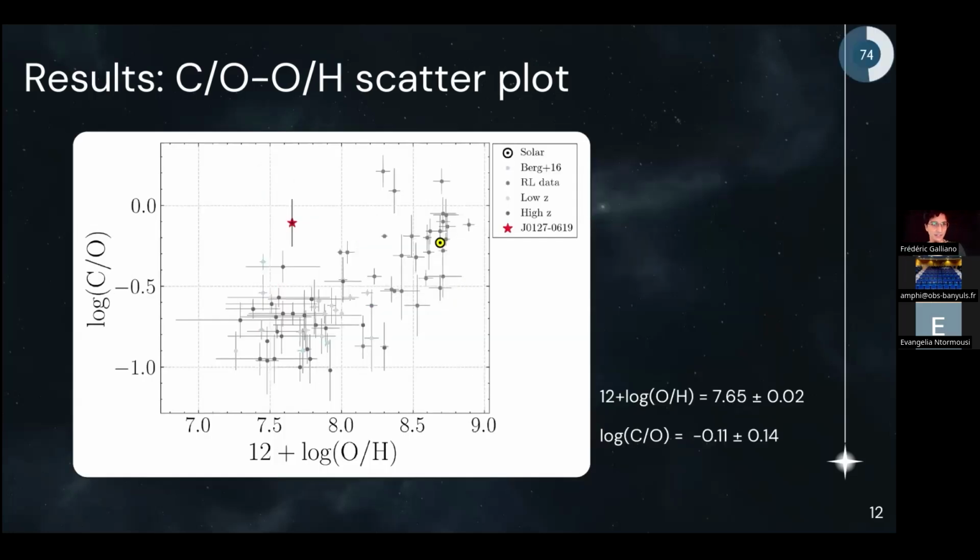We also plot our C/O ratio for the ionic abundances of carbon against oxygen, and we can see how in this case, our galaxy, which is that one, also sits very high in relation to other galaxies with similar oxygen abundances, which can also be explained by the presence of these Wolf-Rayet stars.